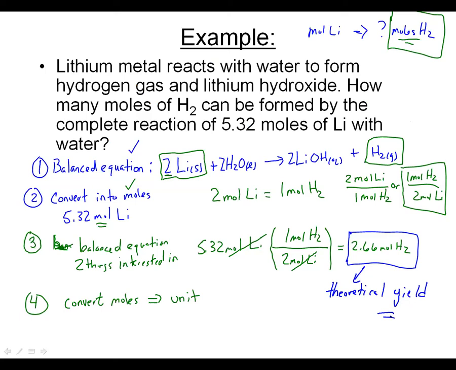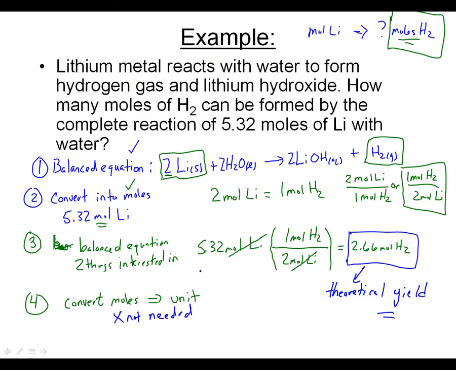And really what these numbers mean is, if you take this equation that we just did and you put in 5.32 moles of lithium, you should get out, if everything went perfect, if you didn't spill anything, there were no side reactions, you technically should get out 2.66 moles of H2. And that's what is sometimes referred to as a theoretical yield.